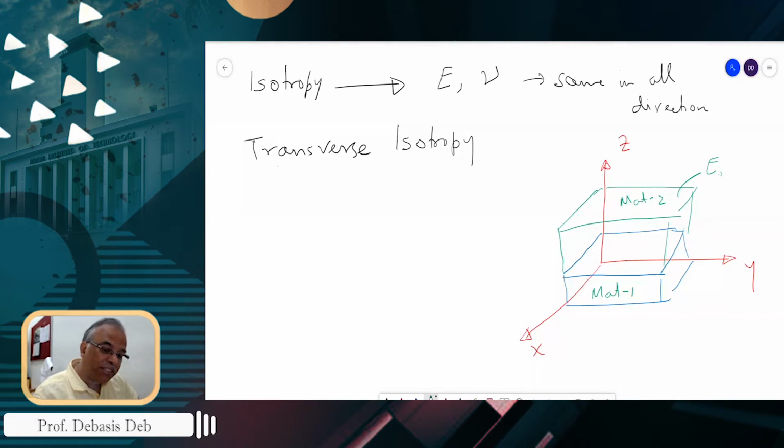If this is E2, mu2, this will be E1, mu1, something different. The elastic properties and strength properties will all be different because the rock type is different. Under this situation, how are we going to analyze the stress-strain behavior of this material?